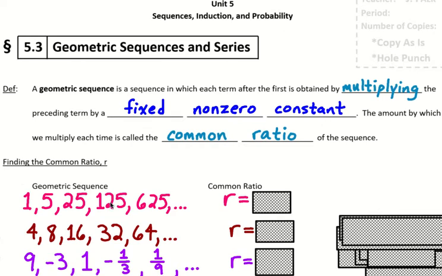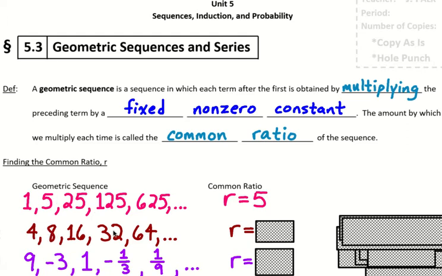And again, feel free to pause the video if I end up going too fast. That's always an option on these videos. But the common ratio for this red sequence is going to be 5, because we're always multiplying by 5 to get to the next term.